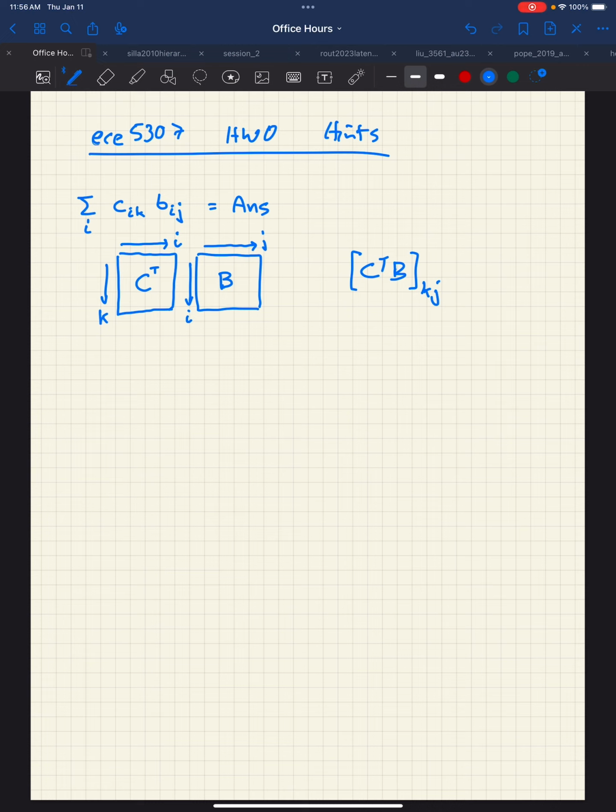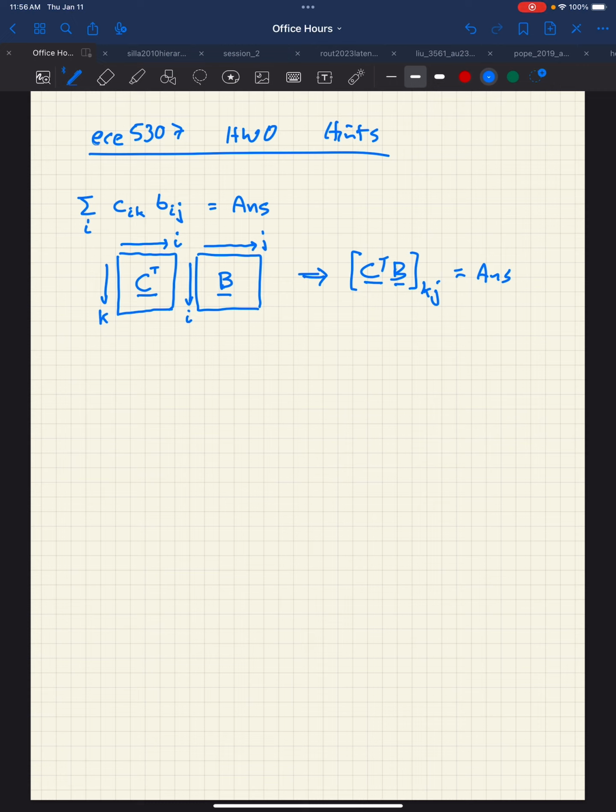Sorry, maybe I should write, so this is the answer that we have above. So this implies that this is the answer. Okay, so this is one way to answer this question. And let me write some underlines under those quantities to help us remember that these are in fact matrices.